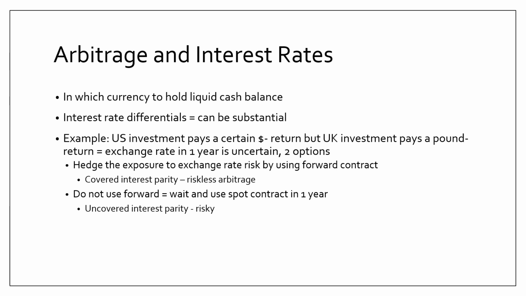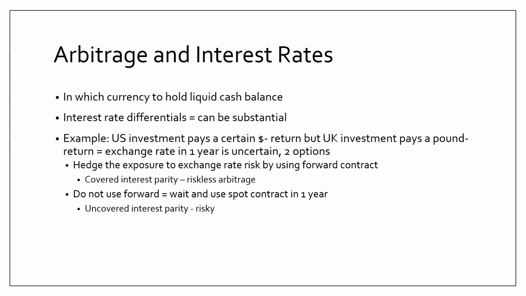The key issue is exchange rate risk. The trader is in New York and her bank cares about returns in US dollars. But US investment pays a certain US dollar return, while UK investment pays a return in pounds. The exchange rate in 1 year is uncertain. The trader has two options.